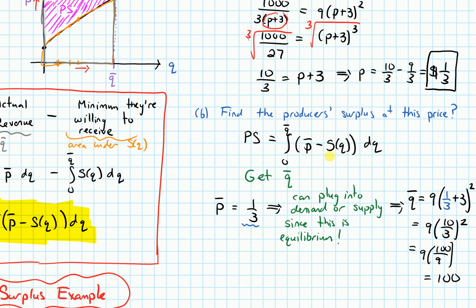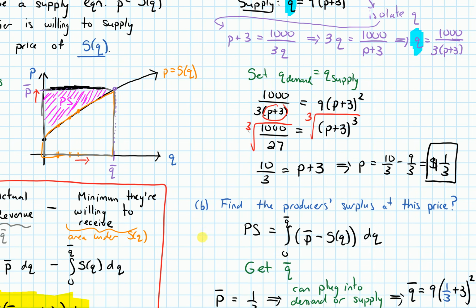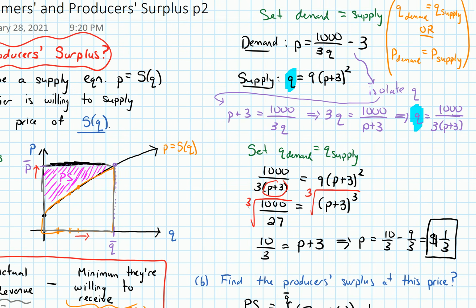Alrighty, so next, to use this formula, I know P bar, I know Q bar. Do I have S of Q? Do I have my supply function in terms of Q? Well, if I look at my supply equation, this is in terms of P right now. I have Q equals a function of P. But that's not what I want.